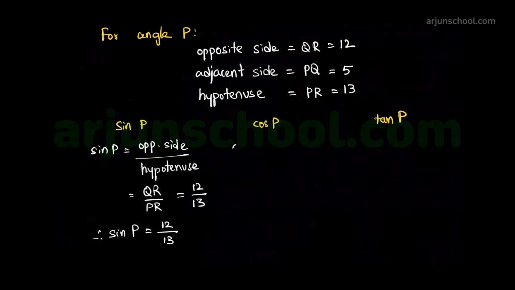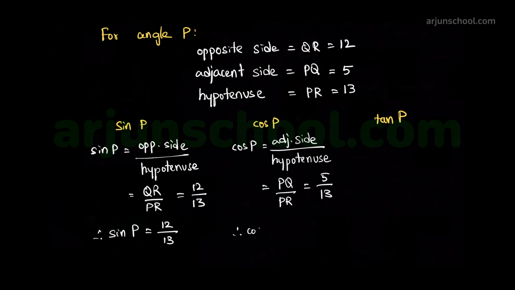Cos P is equal to adjacent side by hypotenuse. Adjacent side is PQ and hypotenuse is PR. PQ is 5, PR is 13. Therefore, cos P is equal to 5 by 13.